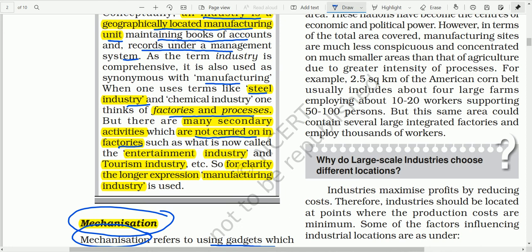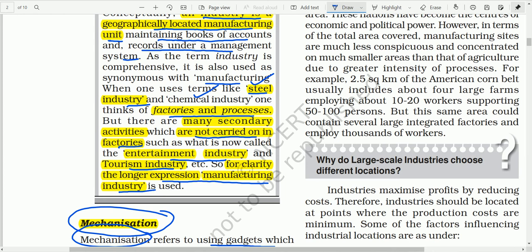For example, we have the entertainment industry, that is the making of movies, then the tourism industry. All these industries are not performed in a factory. So for a longer expression, we use manufacturing industry for such types of industries like steel industry, chemical industry, cement industry.